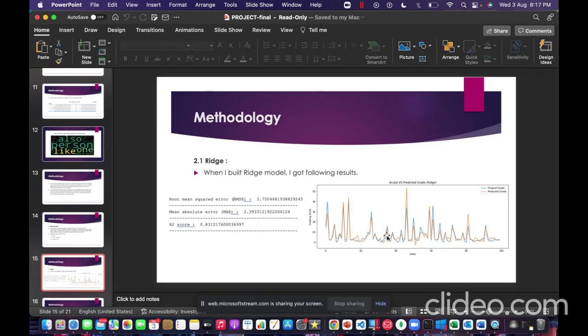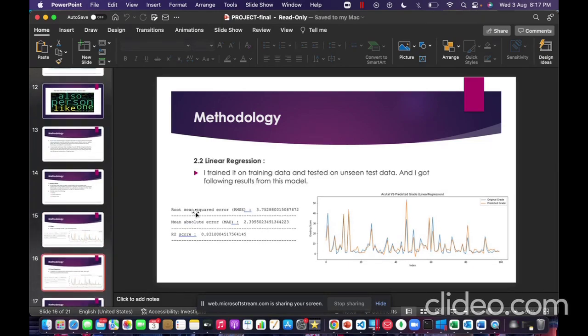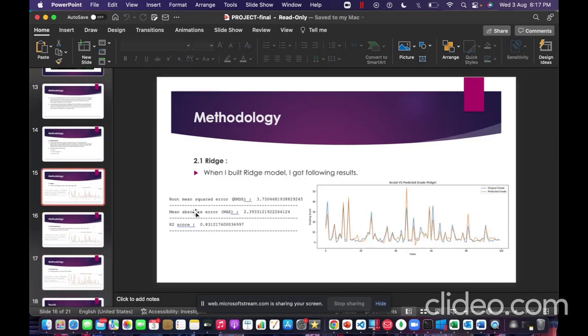So the graph looks like this. This orange one indicates predicted grade and the blue one indicates original grade, meaning manual grade. So you can see we found the grading system using ridge, linear regression and decision tree. And the root mean square error here is 3.75, mean absolute error 2.39, R2 score 0.83.